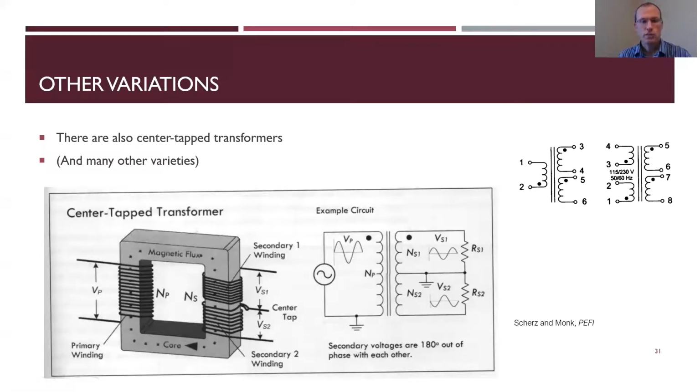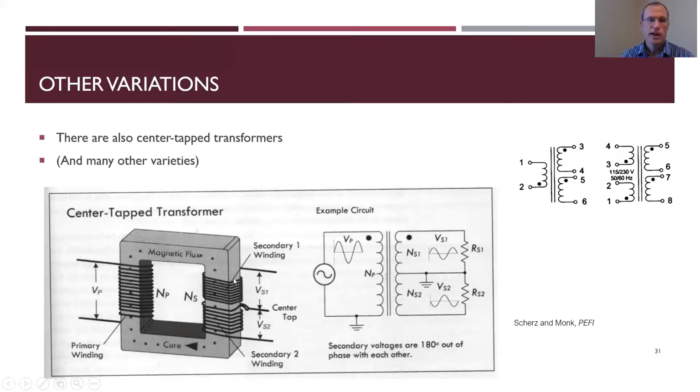Another variation that we might see is a center tapped transformer. In other words, you have a tap down the middle. So it's almost like you have two different windings on the secondary side: secondary winding number 1 and secondary winding number 2. So you have two different voltage sources essentially. And again, these depend on the number of windings. So you still have a winding ratio.